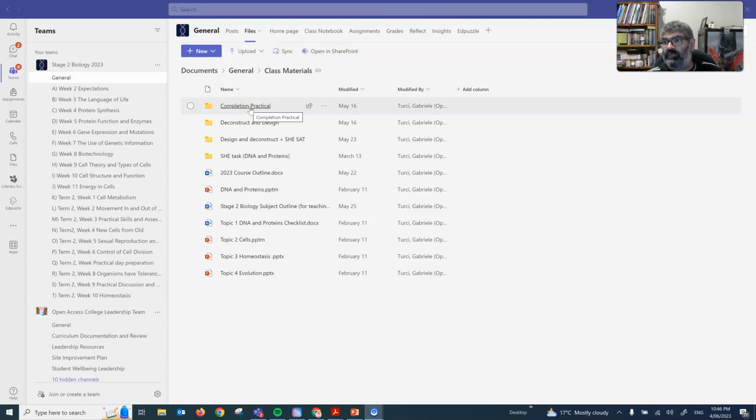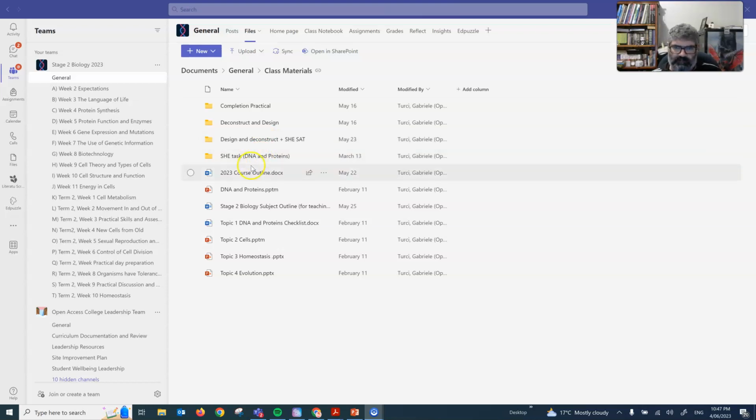That's the osmosis one that we're doing on the come-in day. The deconstruct prac, which we're also doing on the come-in day. And this is the SAT task, skills and application task, that you should be working on this week. And that's the SHE task that we've already done.